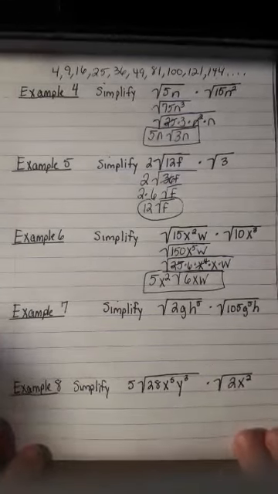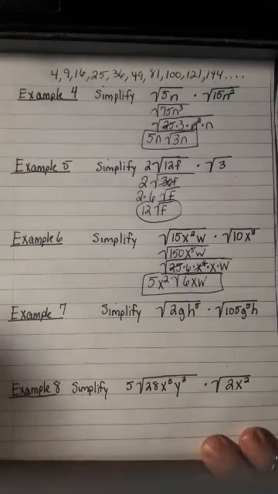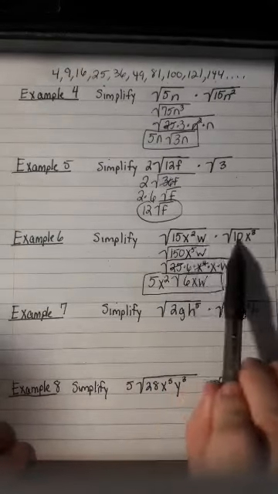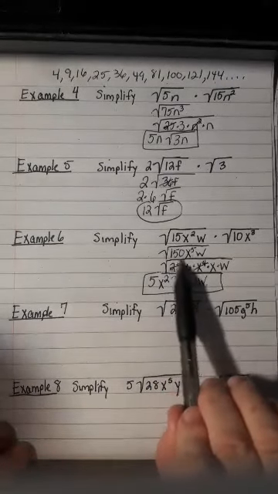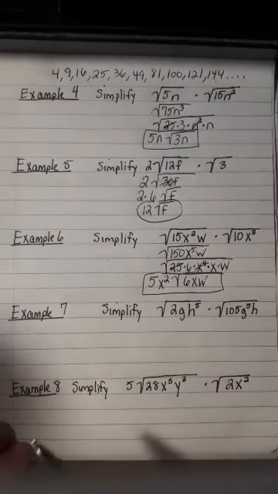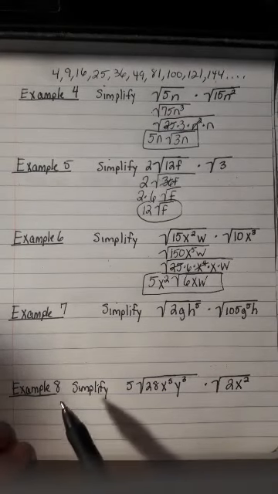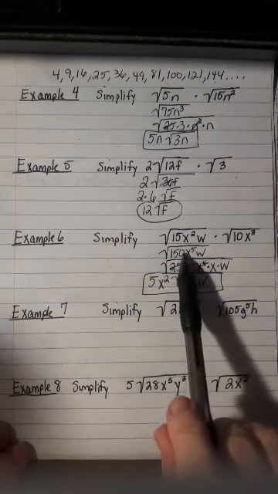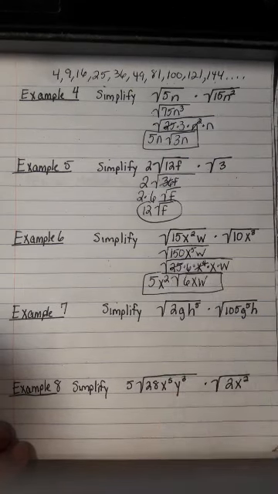Okay, example 7. If you're still having trouble knowing how to simplify, like after you multiply these and you're having trouble simplifying right here, like the 100 and 150, I can show you another method using a factor tree that you learned in middle school that might help if you're having trouble.